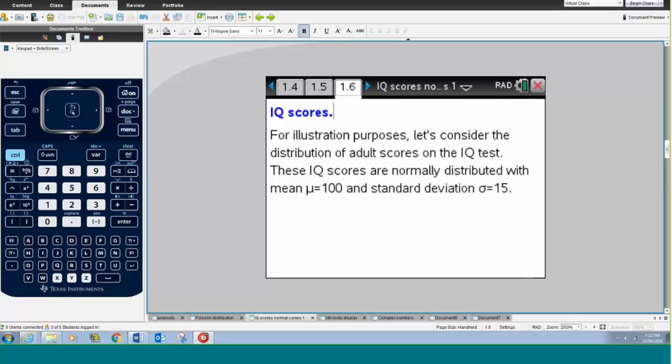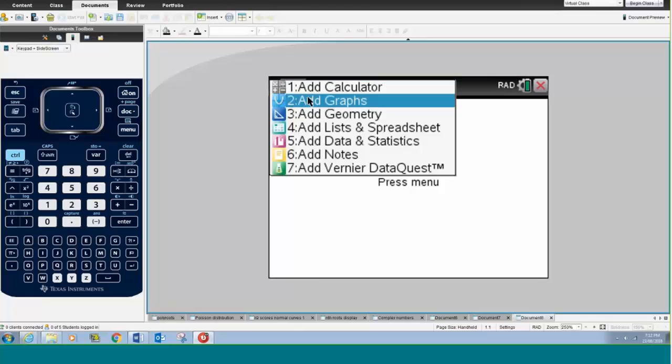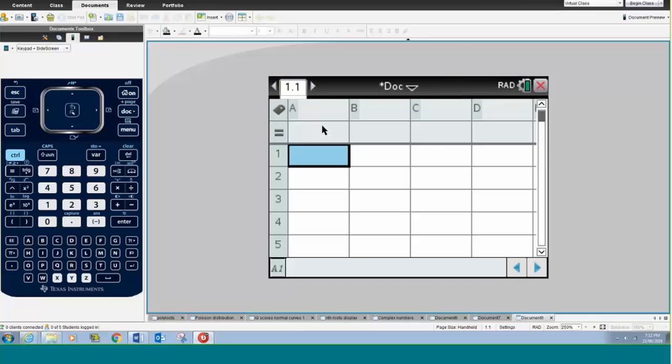So I'll illustrate how that can be done by looking at the IQ scores, which are normally distributed with mean 100 and standard deviation 15. So if I open a new document, I need to just tell the calculator that I have my x values and probabilities, because otherwise it will not sketch the graph.